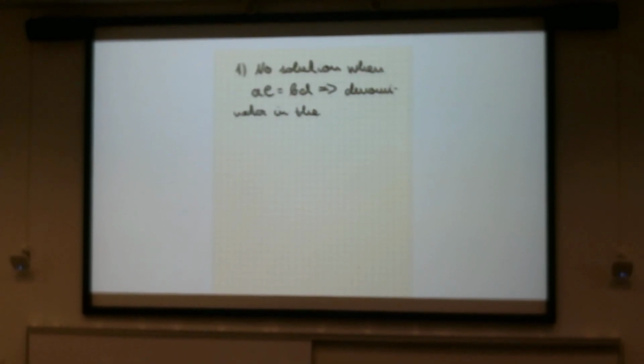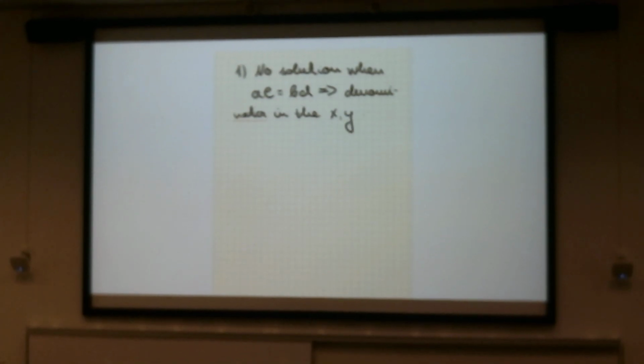So no solution when we have the situation of a times e equals b times d. This translates simply into the denominator in the x, y expressions being 0.